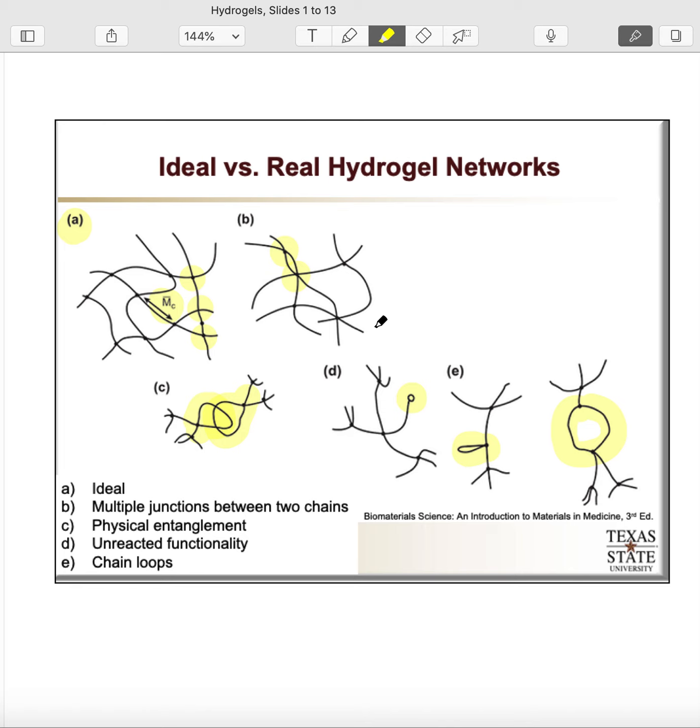Now, there's a lot of research into utilizing different chemical synthesis methods to try to get more homogeneous hydrogels, but a lot of times that might not be necessary because most of the time what we need is simply a porous polymer network that is hydrophilic, that would have the right chemical and physical structure to be able to carry out a function. So we don't necessarily need a homogeneous system.